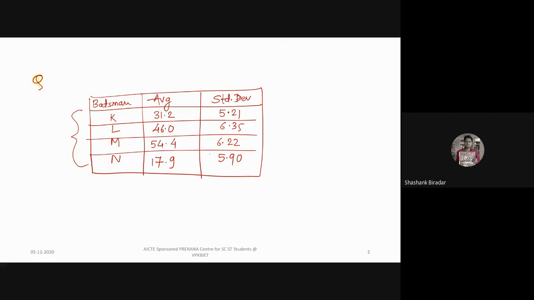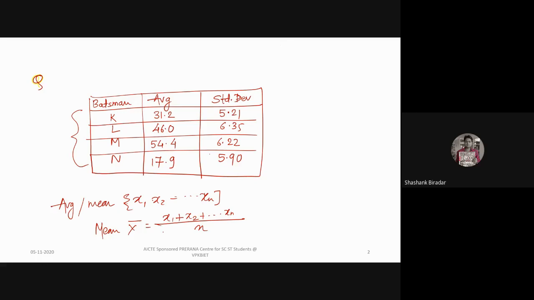Basically, your average is the mean of some sample points. Let us say for a set x1, x2, up to xn, the mean x bar is nothing but adding all the values x1 plus x2 up to xn divided by the count. So this gives a more significant value, right? And what is standard deviation?